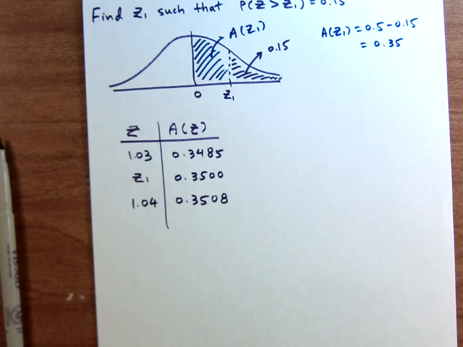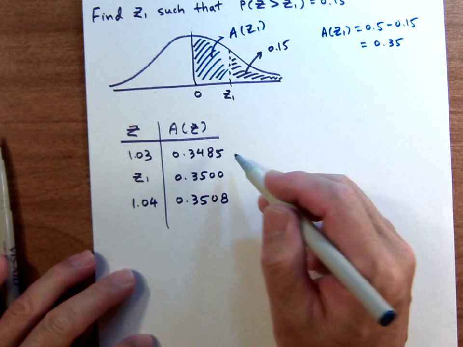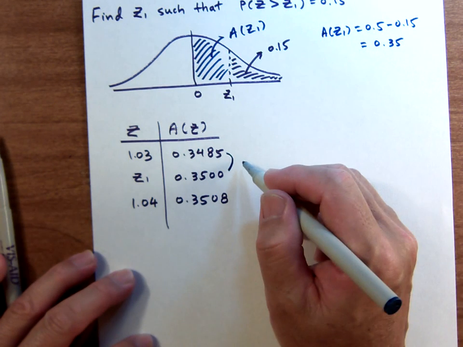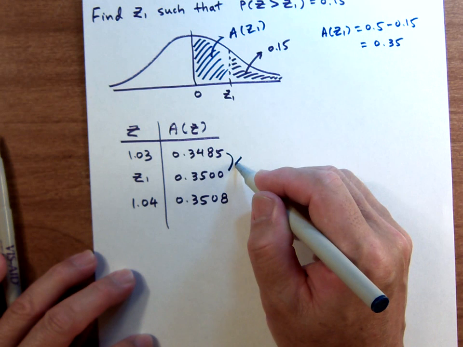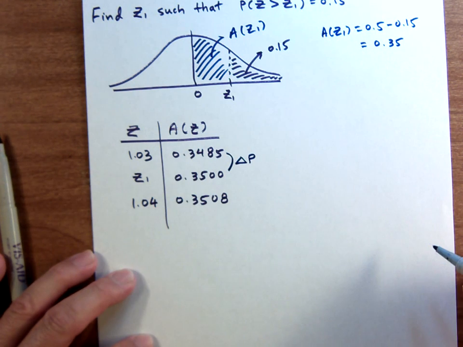This is the so-called technique of linear interpolation. What you're going to see is that it's basically a ratio and proportion problem dealing with a whole bunch of differences. We're going to find the difference between these two. I'm going to call that change in p, since A is supposed to be the probability.